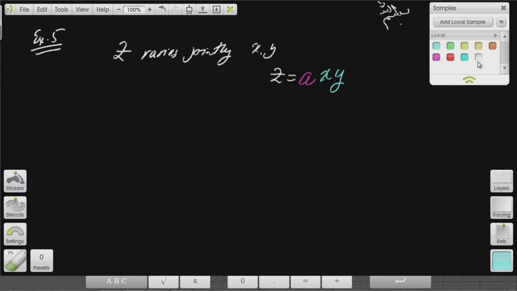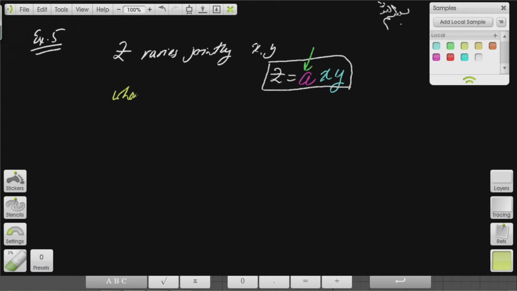That's what we're told. This is the presumptive relationship between these three variables. We don't know what a is, but it's some constant, a number. We won't be able to find out unless we know one set of data.